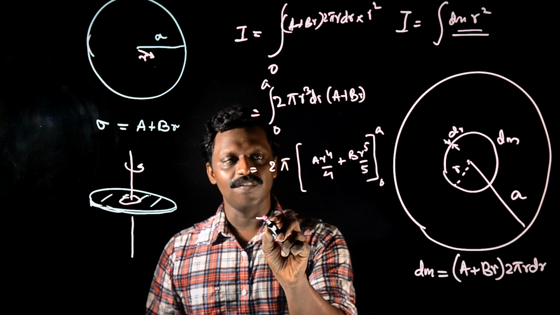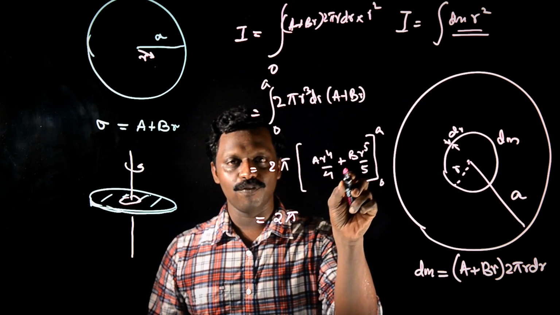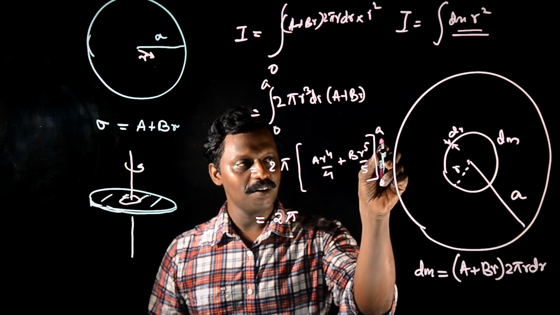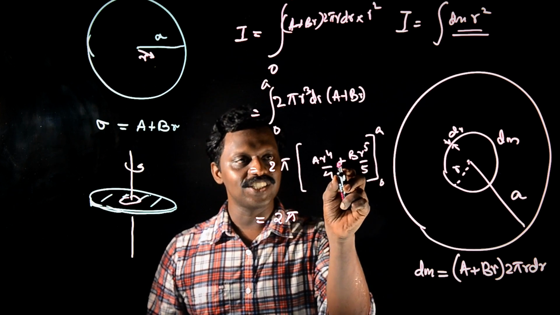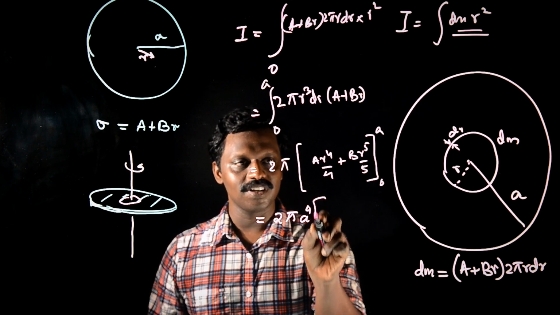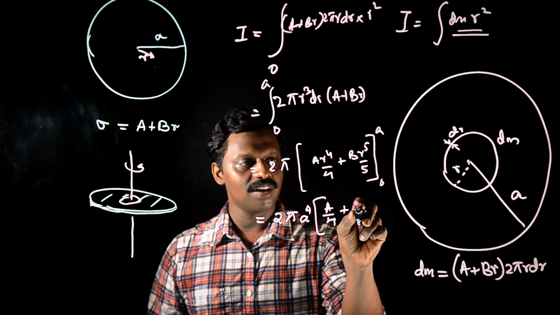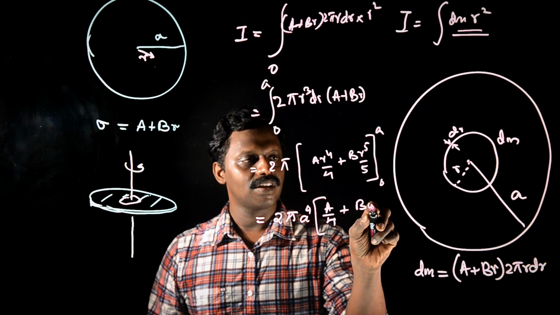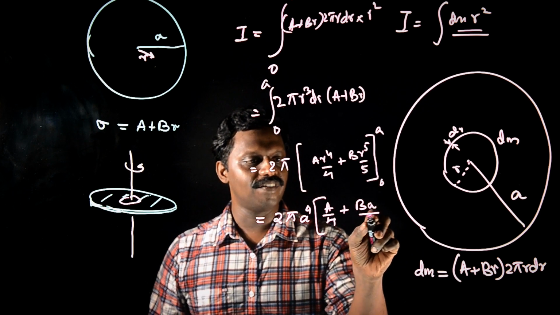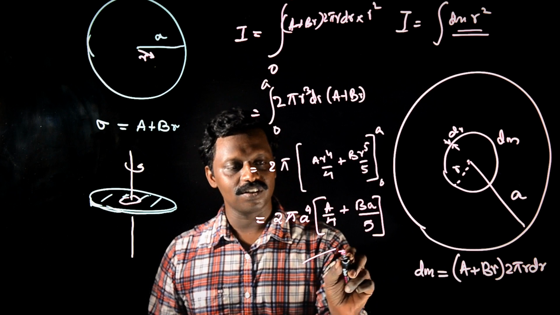Applying the limit, we have 2 pi times A raised to 4 by 4 plus B A raised to 5 by 5 minus 0. So we can take A raised to 4 common, as compared with the answer options, and write this as A divided by 4 plus B A divided by 5. This is the answer option, which is option 1.